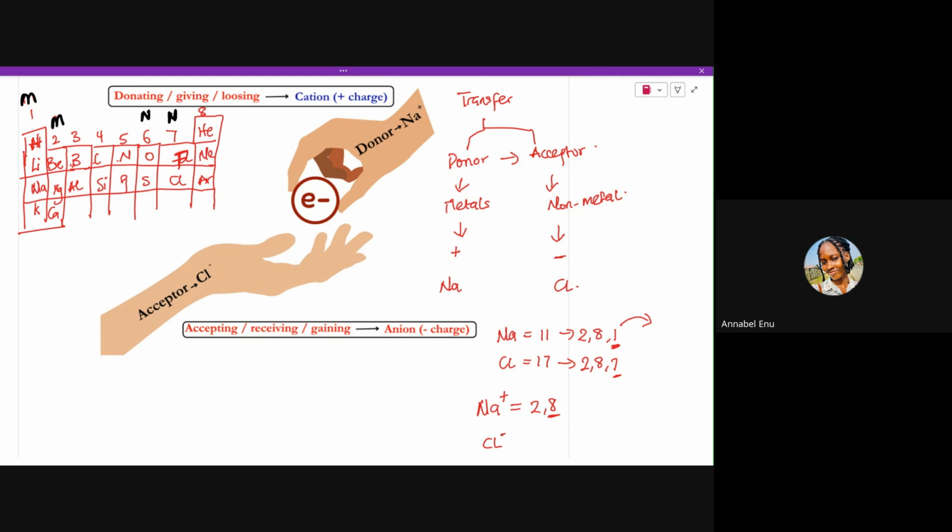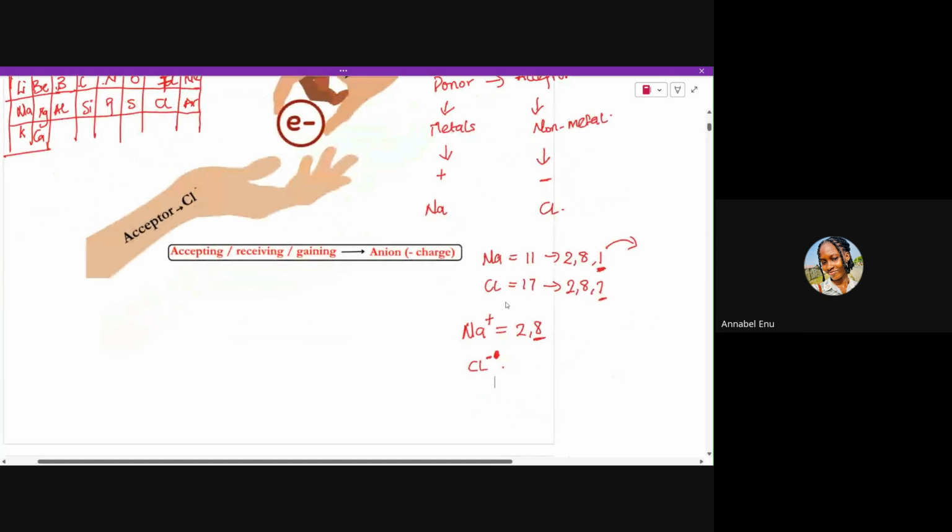So since it's accepting 1, it's just like chlorine minus 1, but you don't really need to write a 1. So we just write chlorine minus. Chlorine minus would mean that chlorine that has this electronic configuration before has now accepted 1, and so it's now going to turn into 2, 8, 8.